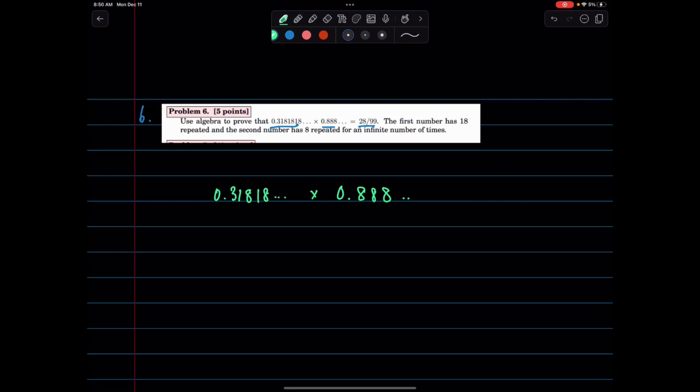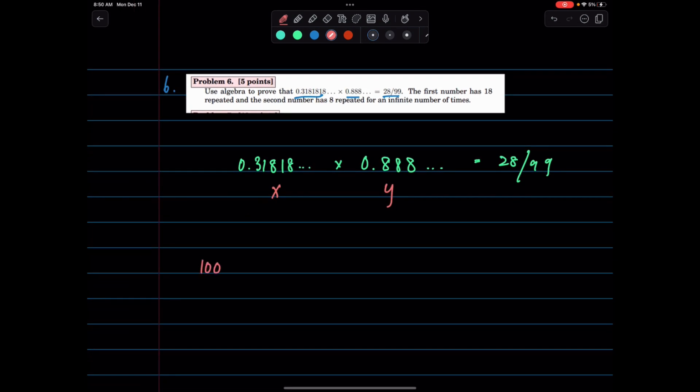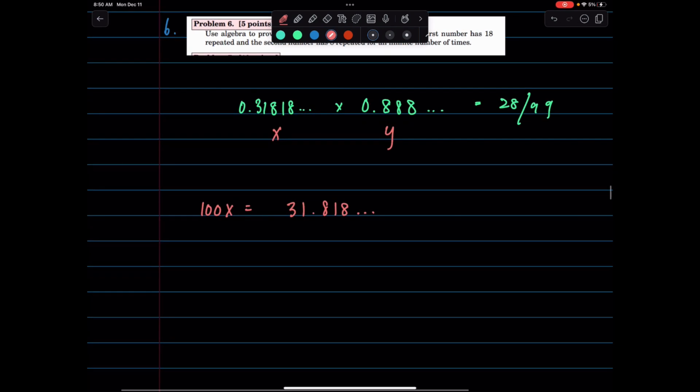Let's call these things x and y. So we basically want to do some stuff to get rid of these infinite numbers, right? So 100x would be 31.818 repeating. 10y would be 8.8888.